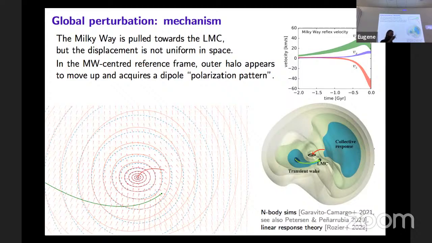If a satellite has been orbiting a galaxy for several orbital periods at least, it induces some sort of global perturbation. It's not just the local wave, but it's the perturbation of the entire galaxy that keeps wobbling around. In this case, regardless of whether it's first or second passage, the current perturbations of the Milky Way halo look more or less the same. So in this picture, the difference between the first and second passage scenarios is completely insignificant. You can look at it as one-time events.